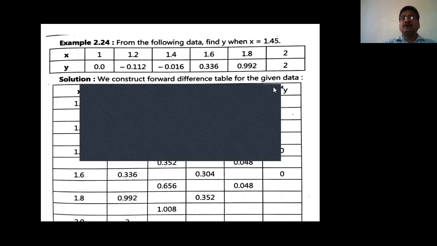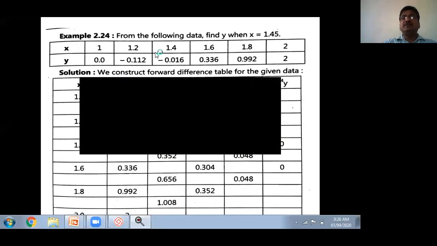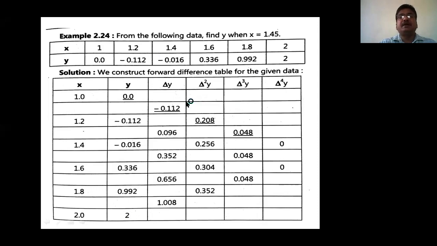So here the value 145 is in the middle of the table, and therefore we may use Newton's forward interpolation formula or Newton's backward interpolation formula.